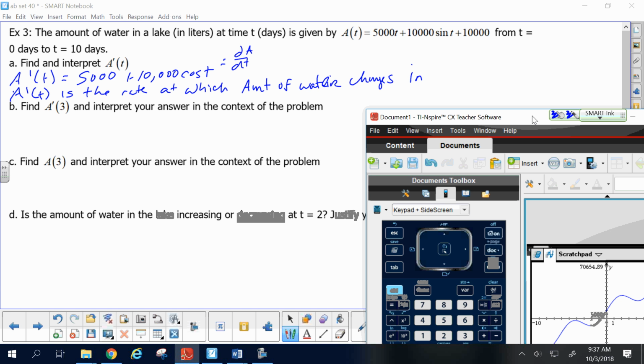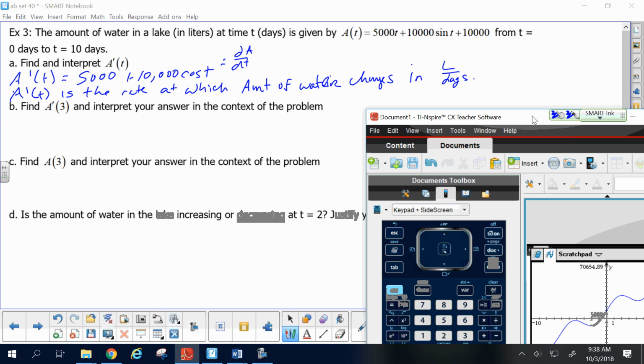A prime at t is changing water over time. It's the rate at which the amount of water changes in, and what are the units? dA/dt. A's units are liters, and t's units are days. So it's the rate of change in the amount of water, or the rate at which the amount of water is changing in liters per day. Cool?